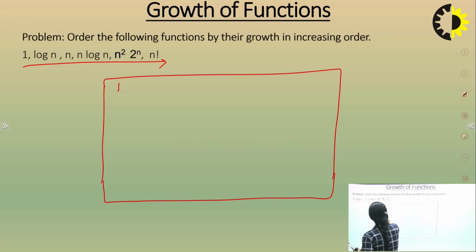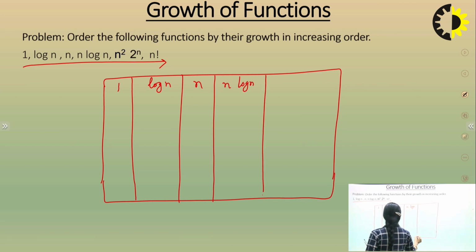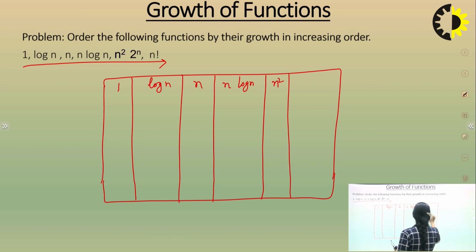One, log n, n log n, n square, 2 to the power n, and next is factorial n.